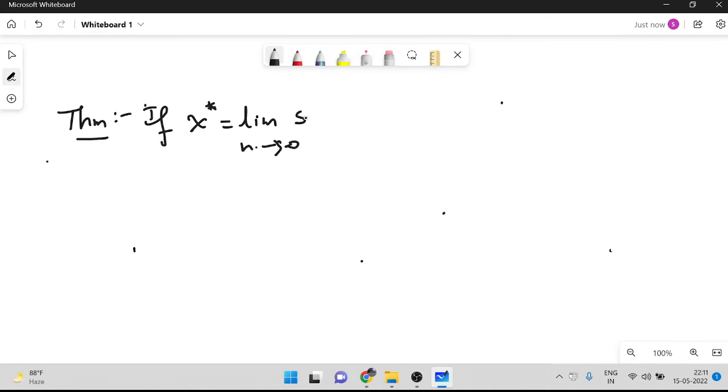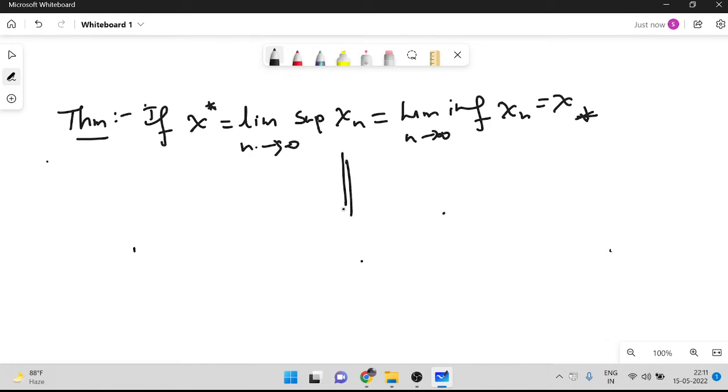So now I come to my main theorem. If the limit superior of xn as n tends to infinity equals the limit inferior of xn as n tends to infinity, equal to x star, this implies that the sequence converges to x star, and conversely it also holds.